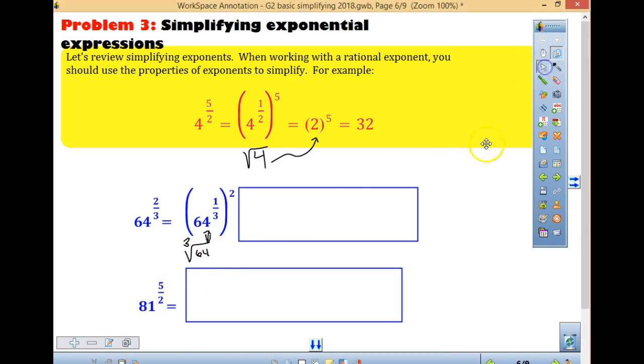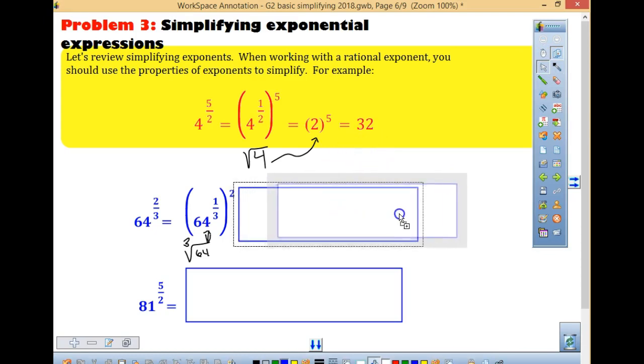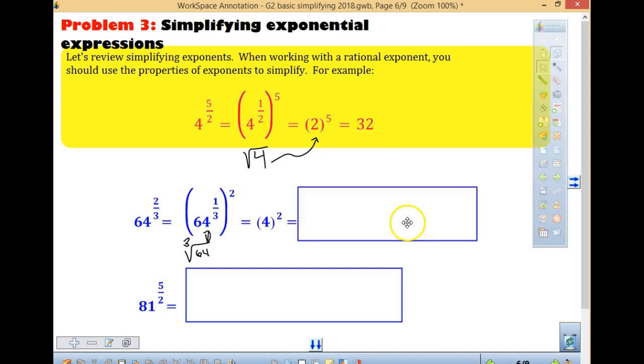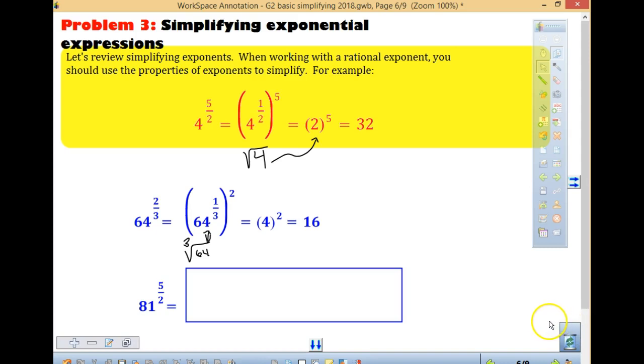What is the cube root of 64? You have to write this down so you're with us at the same point, right? So even if you're not totally understanding it, write it down so when we go on to the notes, you have yours. Cube root of 64 is 4, right? One number times itself 3 times gives us 64, 4. That's to the second power, so our answer is going to be 16.